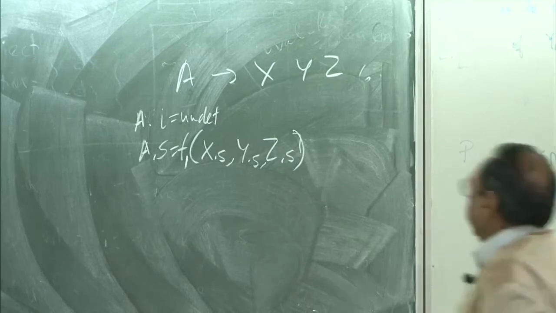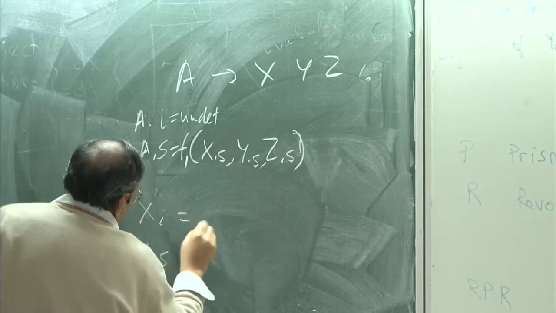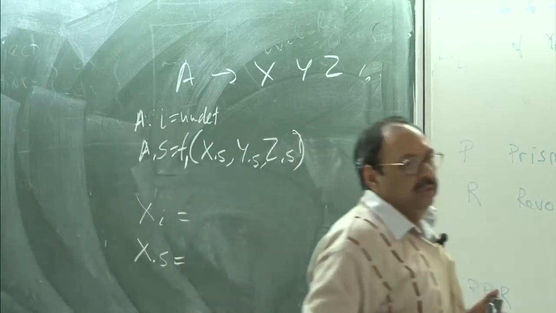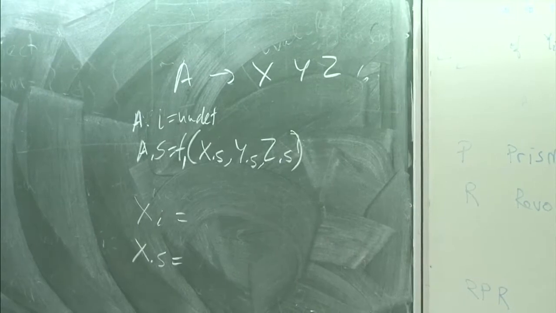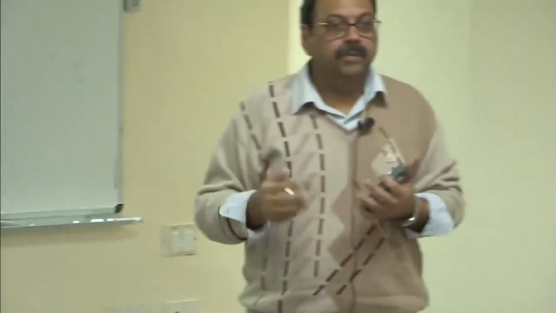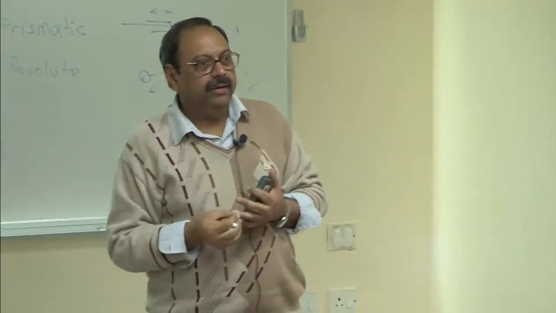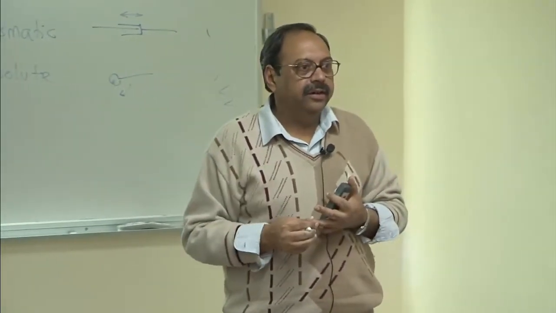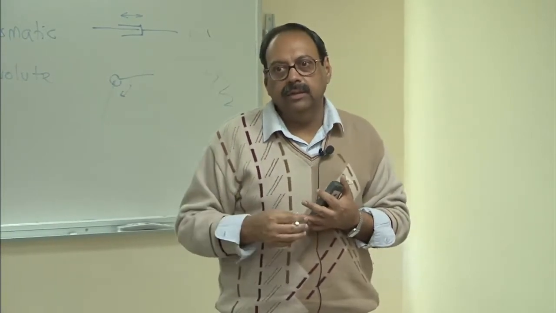Now, what about x inherited? How can I define x inherited? What does it depend upon? A inherited, but A inherited is not defined, it is undefined. And what about its left sibling? Does x have a left sibling?